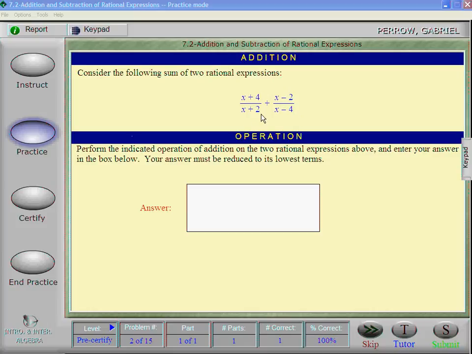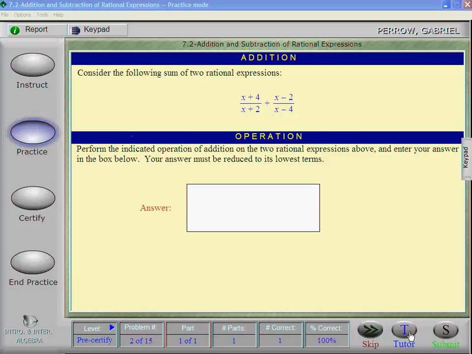Because they're added, you treat this like it's one factor. x minus 4, that's one factor. So unless factors are identical, two things are completely unrelated.